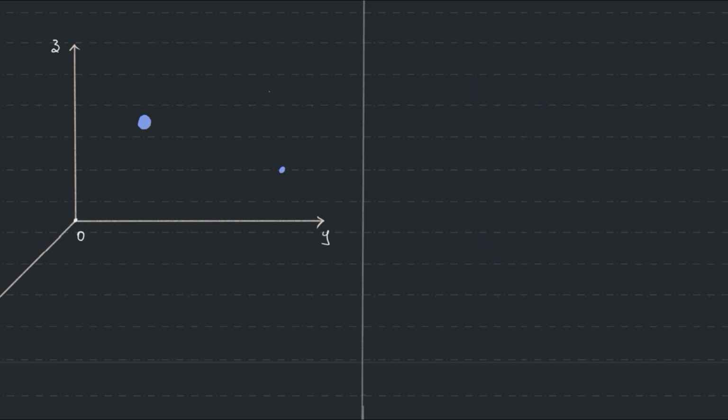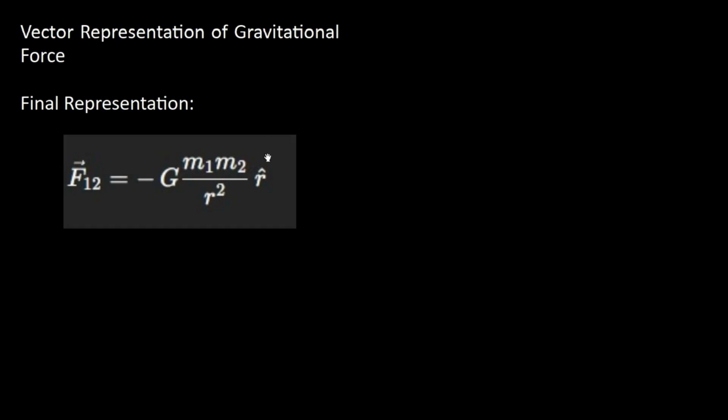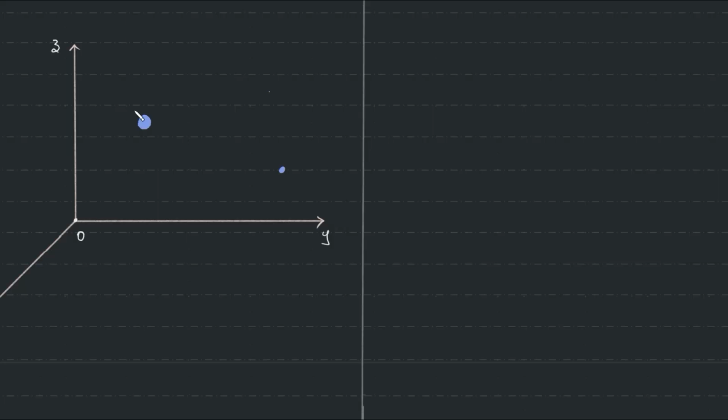So we are looking at the vector representation of gravitational force. To start off, we have two point objects with masses m1 and m2.